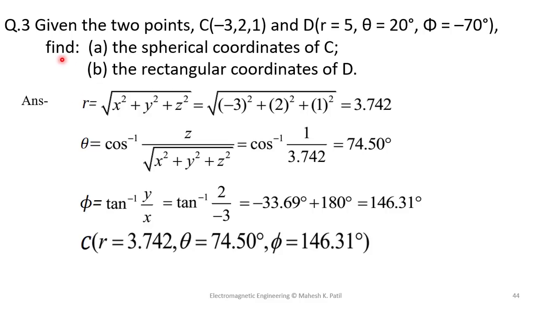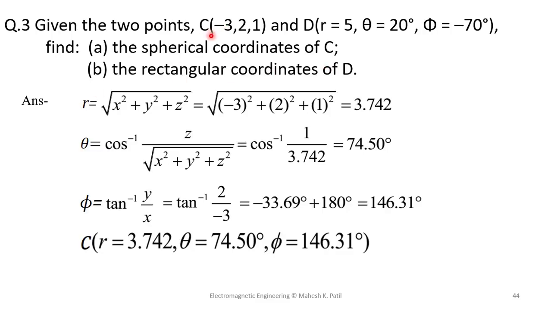Now it is asked to find the spherical coordinate of point C. Means point C is given in the Cartesian form. We have to convert this point into spherical. And it is also asked to find the rectangular coordinates of point D. Means point D is given in spherical form. So it is asked to convert it into Cartesian.